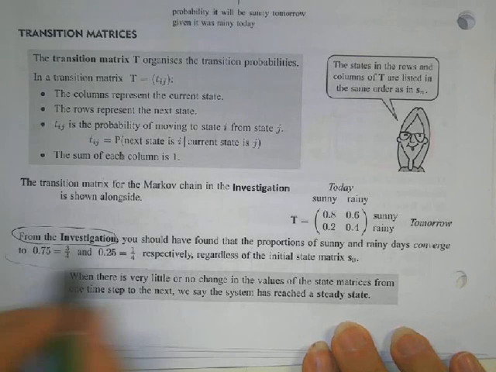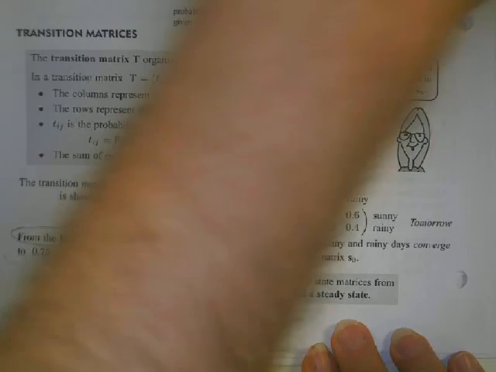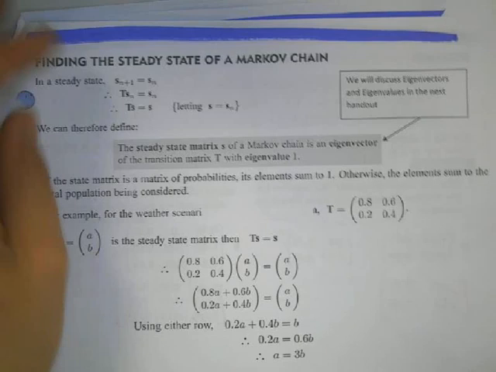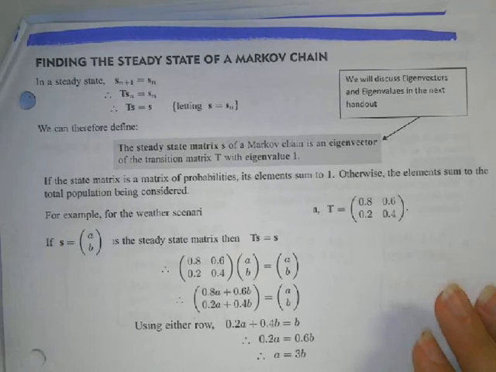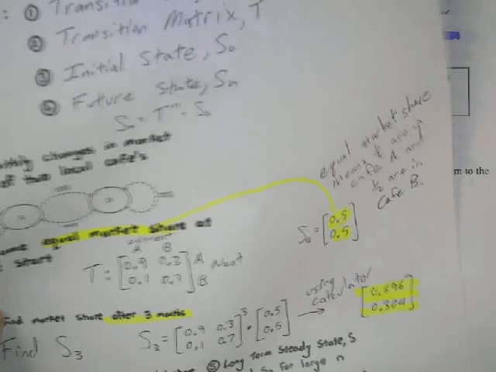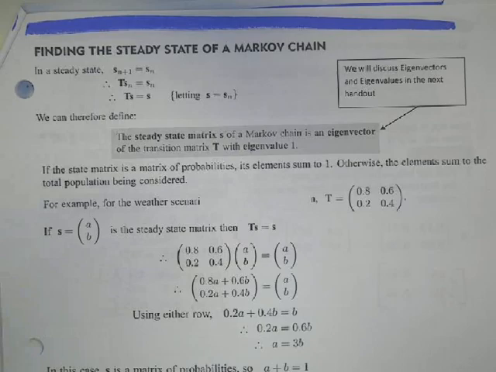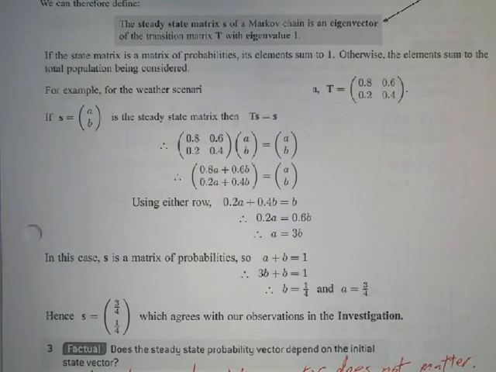But we're going to talk about steady state here. If I wanted to do it by hand without just picking some large value, they show how to do that here. We probably won't be doing it by hand, but if you want to know how, you've got it here.